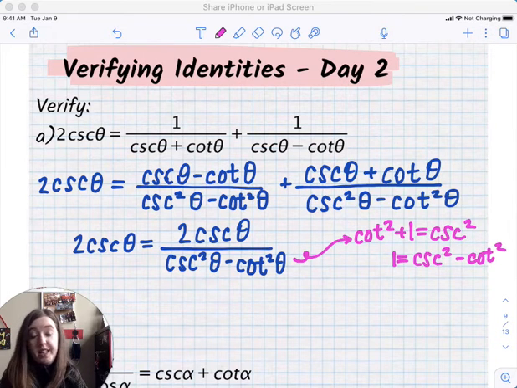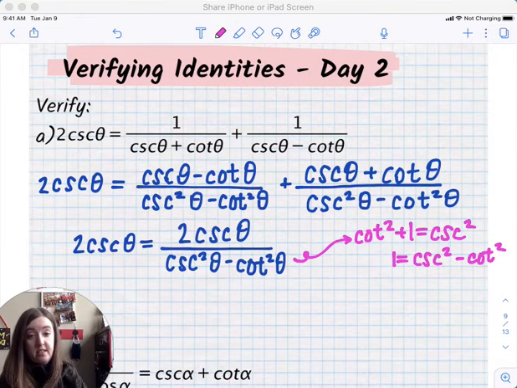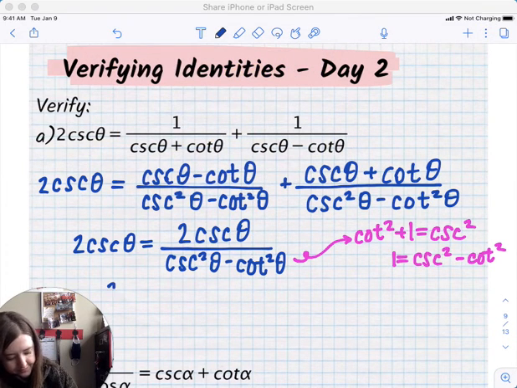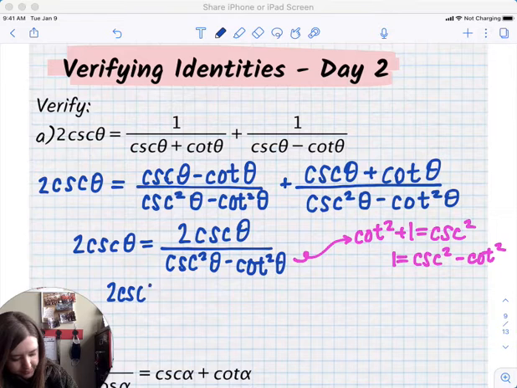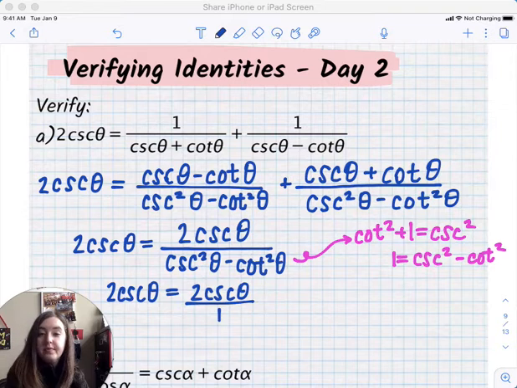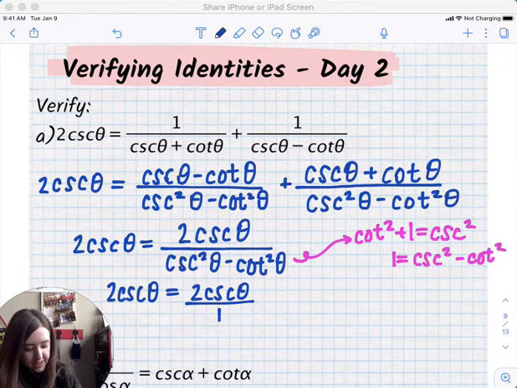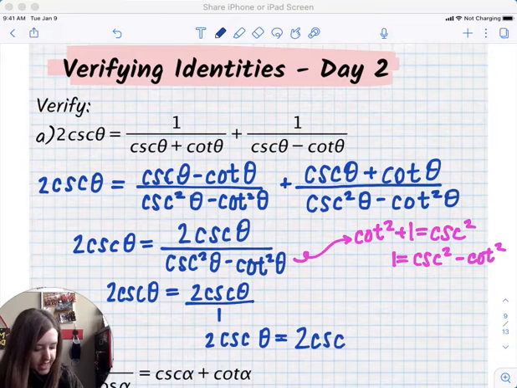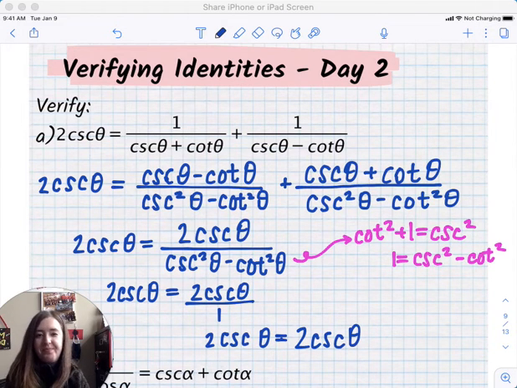So cosecant squared minus cotangent squared is equal to 1. And then 2 cosecant squared divided by 1 is just 2 cosecant squared. Remember that your last step should have the exact same thing equal to each other. Cool, let's look at the next one.